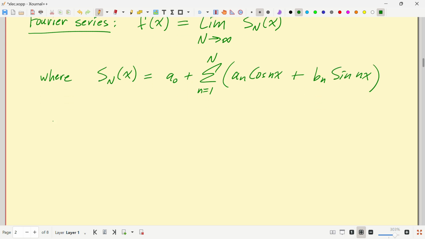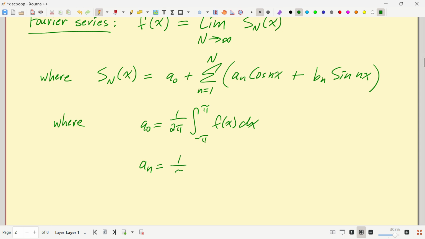Where the famous formulas are: a naught is the average of the function, so that'd be 1 over 2 pi, on the interval from minus pi to pi. And the a_n's, the cosine terms, are 1 over pi, integral from minus pi to pi, f of x cosine nx.